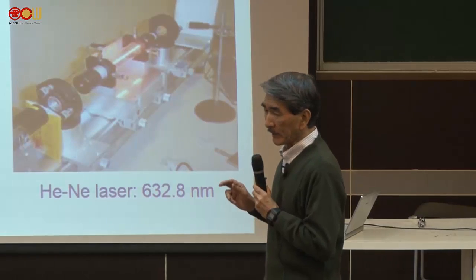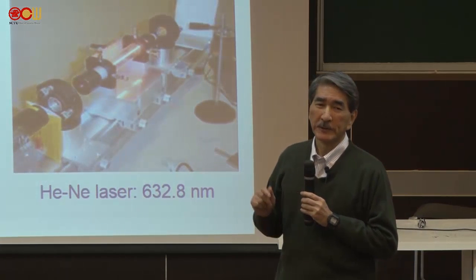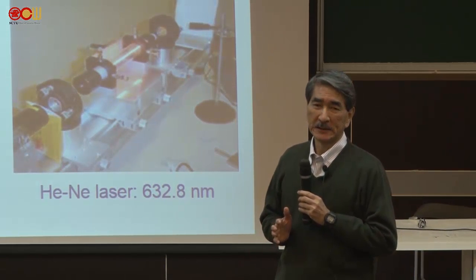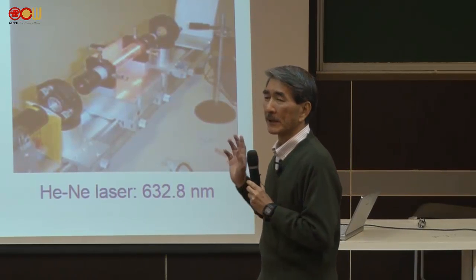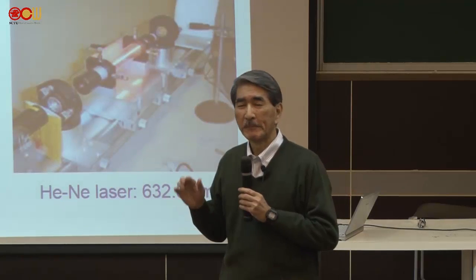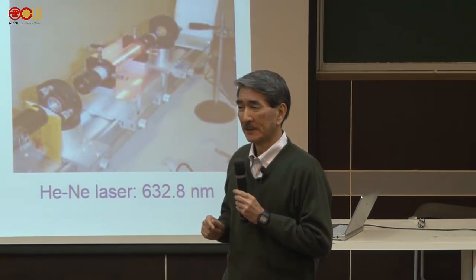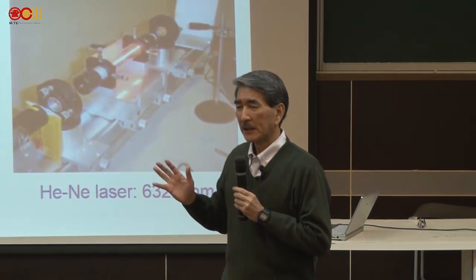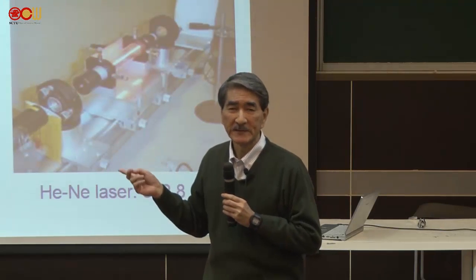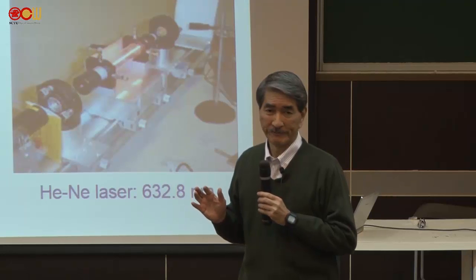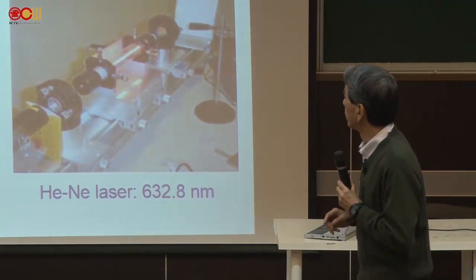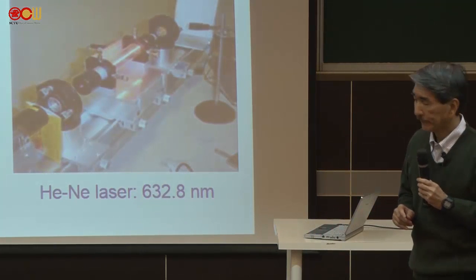Especially in Raman spectroscopy, we always use lasers. So the invention of the laser benefited Raman spectroscopy very, very much. So owing to the development of laser, Raman can do many, many things now, you know. So laser is very important for Raman spectroscopy.